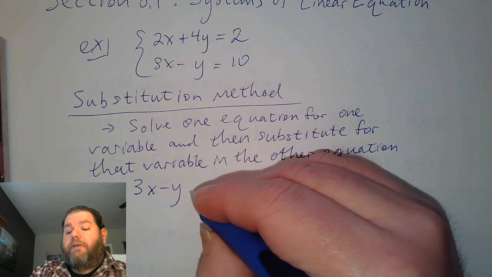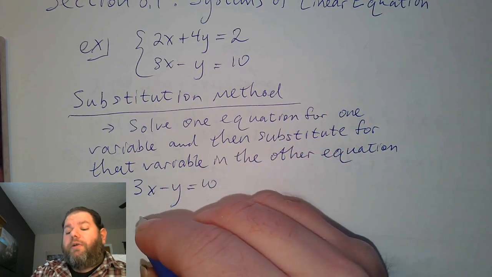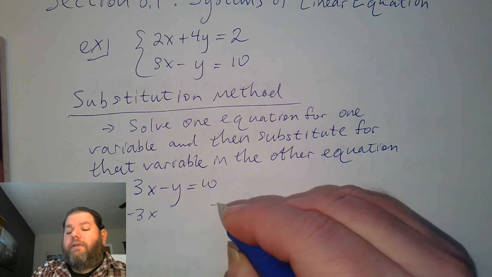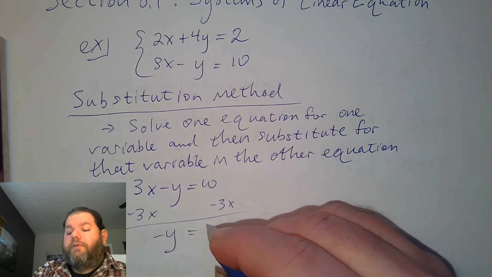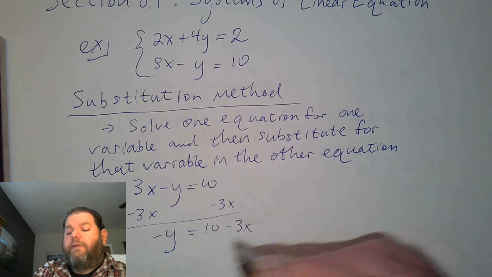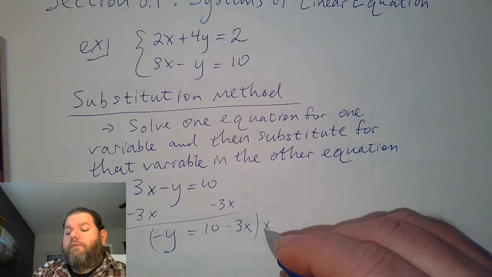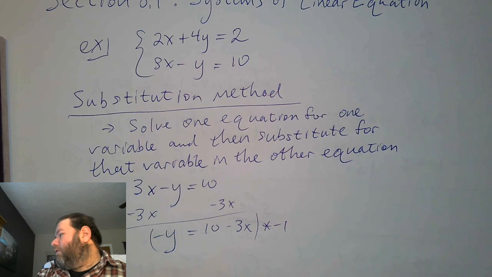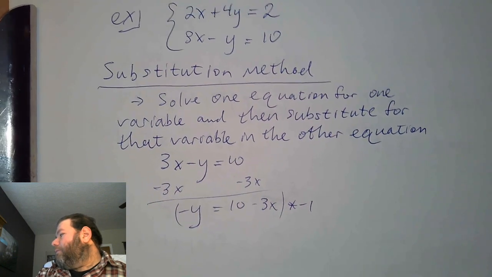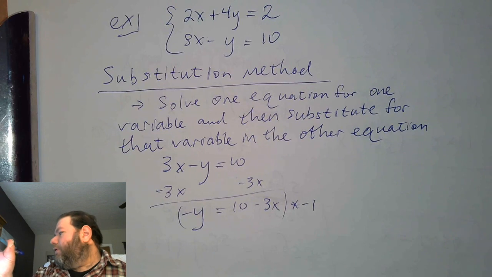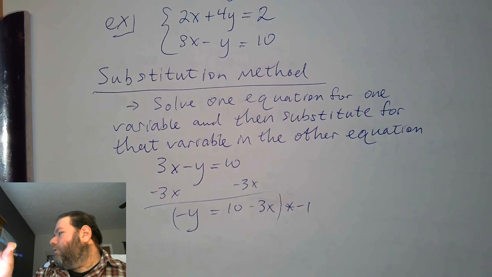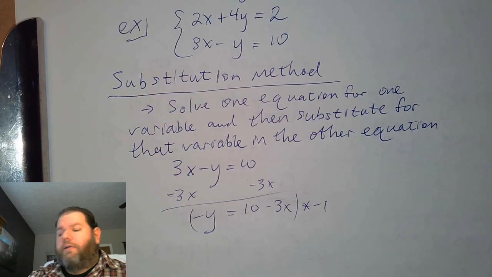So 3x minus y equals 10. We can subtract the 3x. So negative y equals 10 minus 3x. And then we multiply everything by negative 1. My camera's a little crooked again. I bumped it earlier.